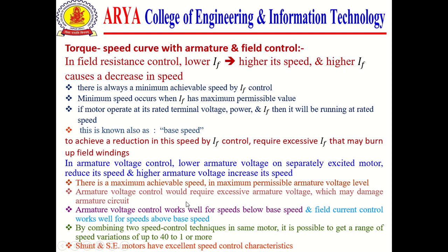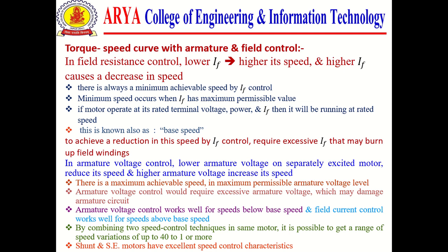Armature voltage control would require excessive armature voltage, which may damage the armature circuit or armature winding of the DC motor. So armature voltage control works well for speeds below base speed, and field current control works well for speeds above base speed, that is, above rated speed.